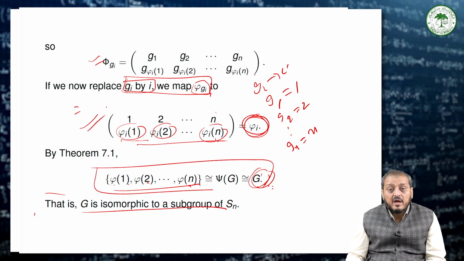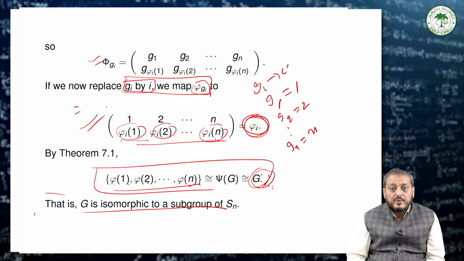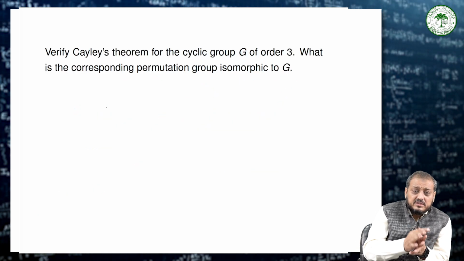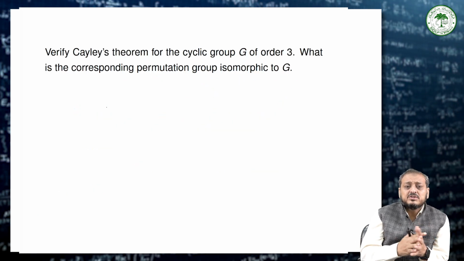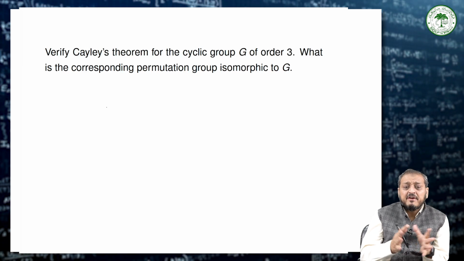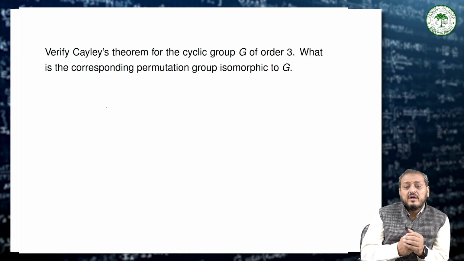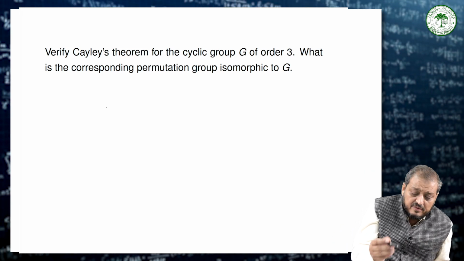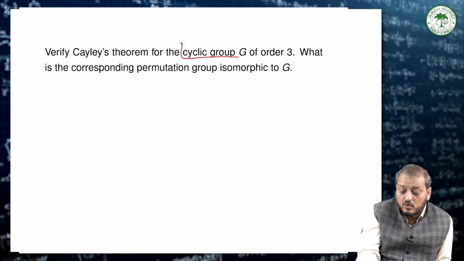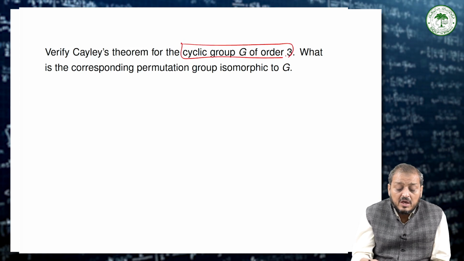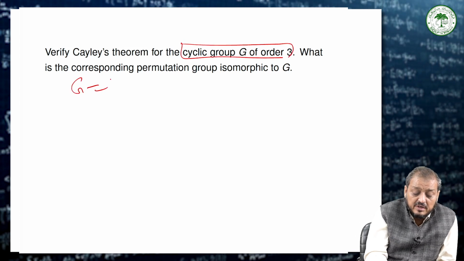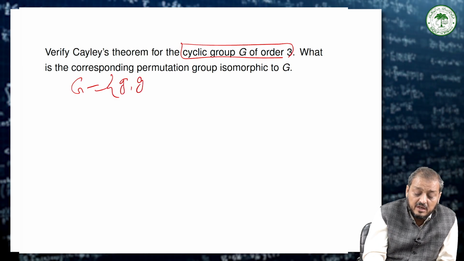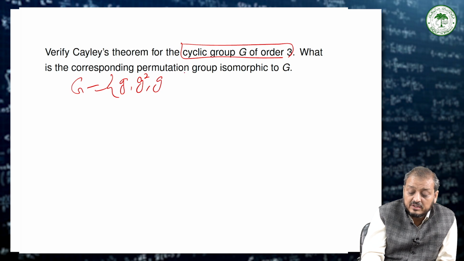Okay, now we have a very important problem. We start with a very simple question. We say: verify Cayley's theorem for a cyclic group G of order 3. You know that a cyclic group G of order 3 is generated by some element G. So we can say G, G square, and G cube, the identity, so the order is equal to 3.